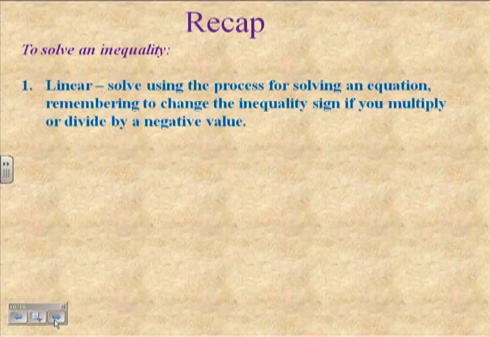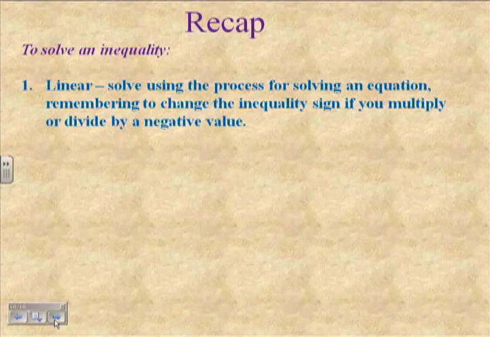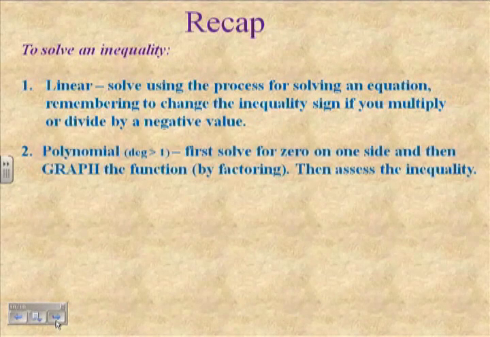To solve an inequality, well, unfortunately, I don't recommend that you do them all the same way. So I said, all right, if you have a linear inequality, linear is when you have a first degree equation or inequality, solve it just like it was a regular equation. Just remembering to switch that inequality sign when you multiply or divide by a negative.